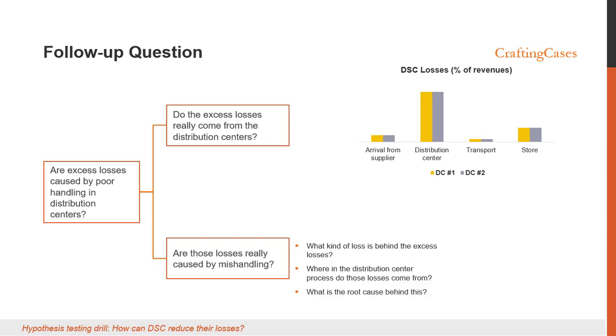And the way I do that is probably go to the distribution center or centers and look at the process, see what's going on, try to see the damaged products, try to see them being damaged. I would talk before that probably to the manager and to whoever is in charge of that specific process and try to gather from them what they think is causing those losses, what is different from the other distribution center, and then I'd get to the root cause of the problem.